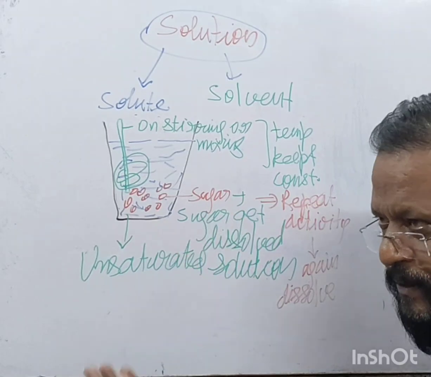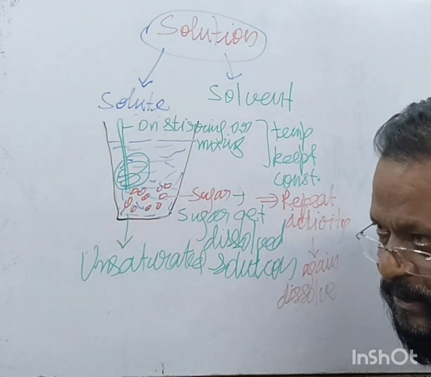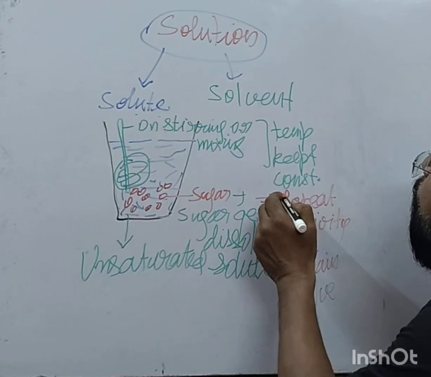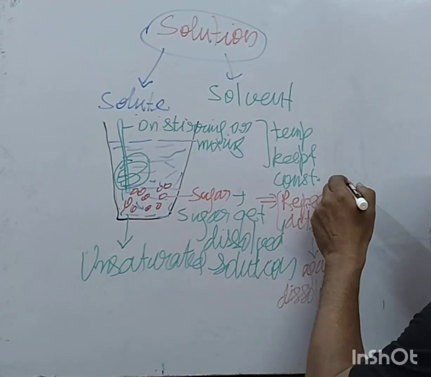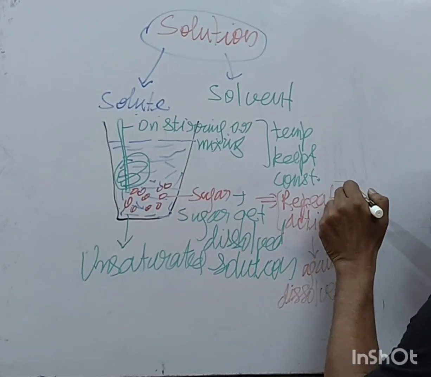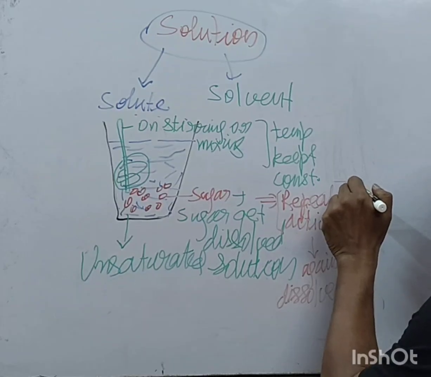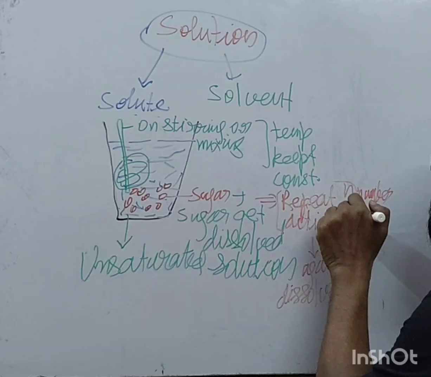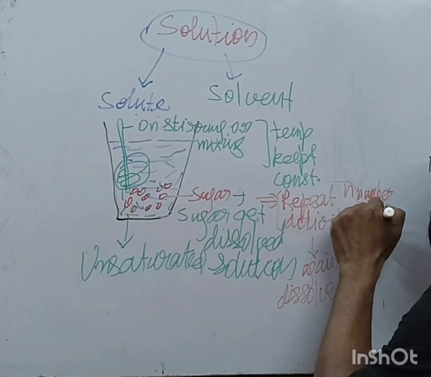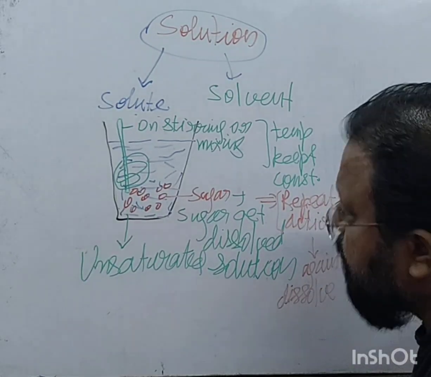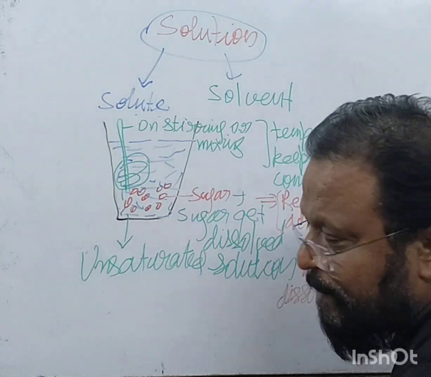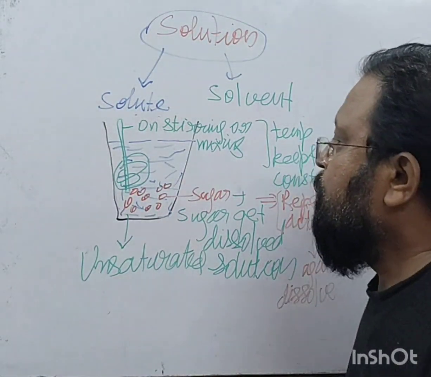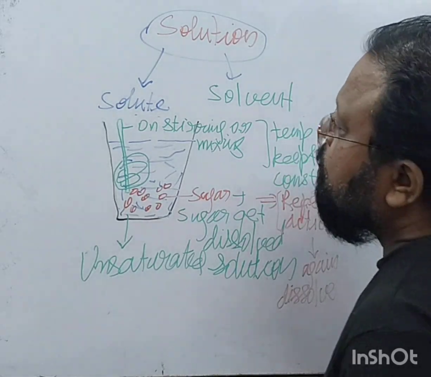You increase sugar, it dissolves, and you repeat it n number of times. Every time it gets dissolved at a constant temperature. But the time will come.